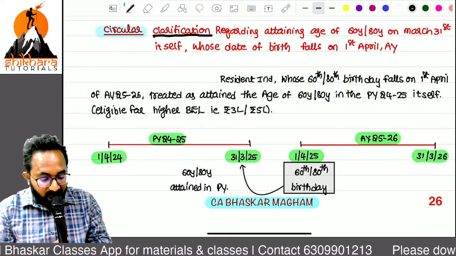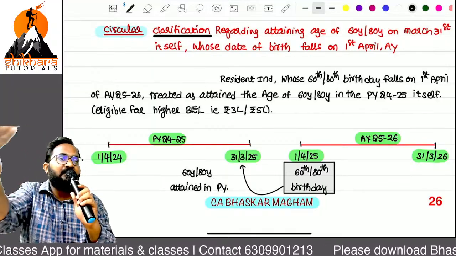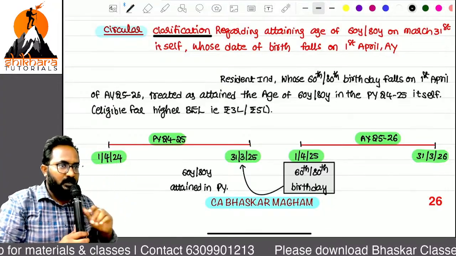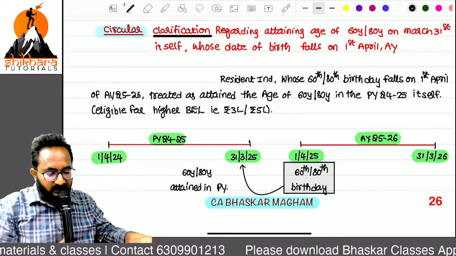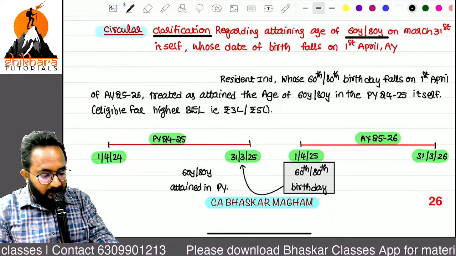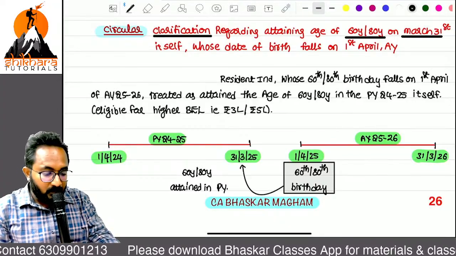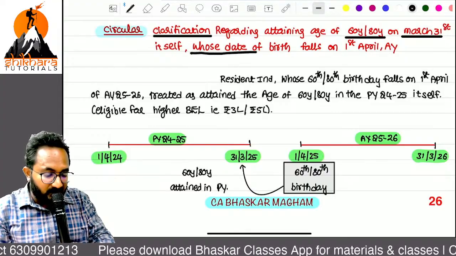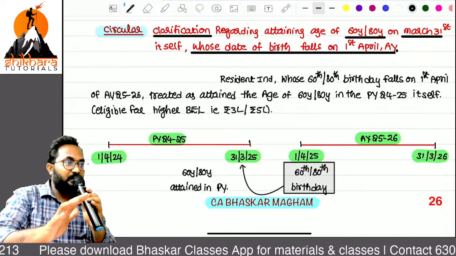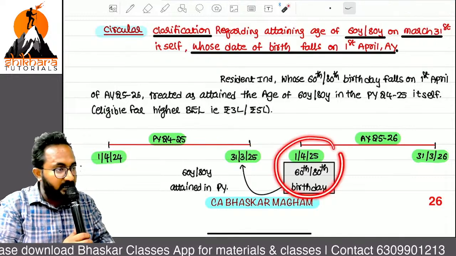Sir, I already gave the circulars discussion: in order to clarify something, the CBDT will issue a circular. Here, what is that clarification? Regarding attainment of age of 60 or 80, on 31st March itself, for those whose date of birth falls on 1st April of the assessment year. This circular is beneficial for persons whose date of birth is on 1st April.